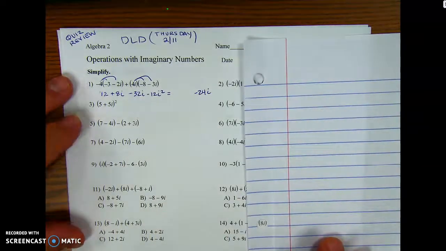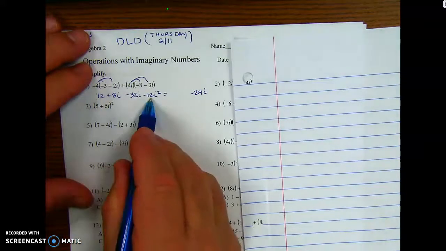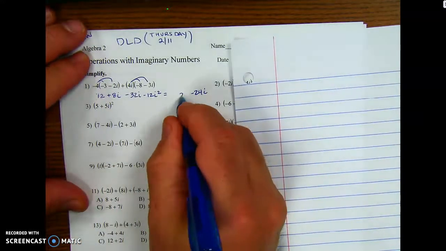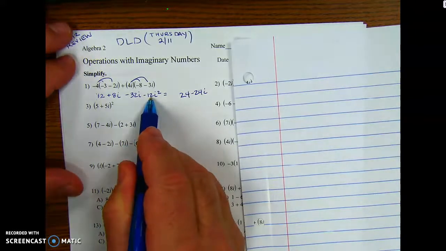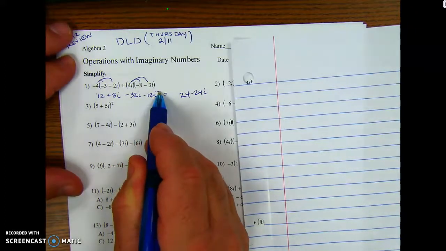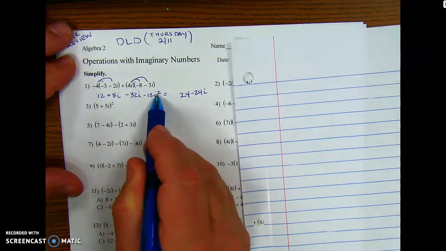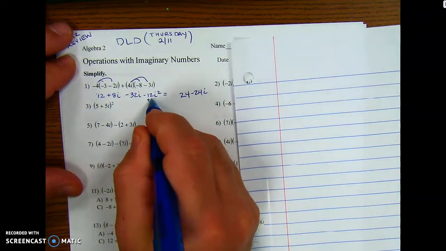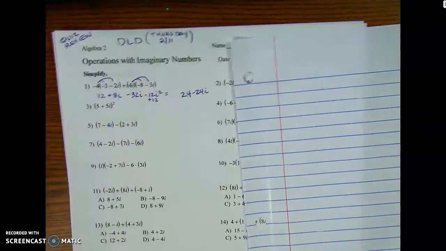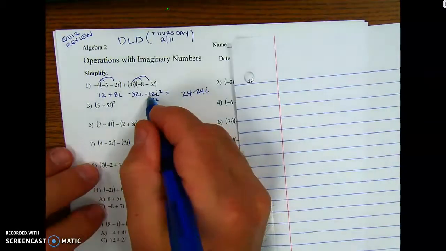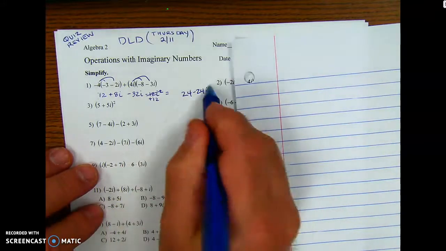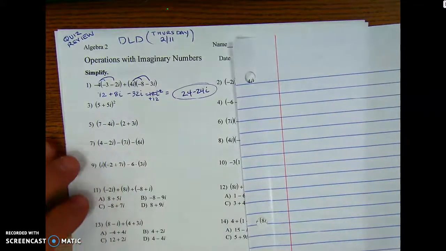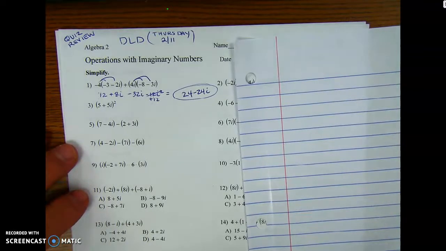And then here I've got 12 plus 12, which is 24. Why is this plus 12? Because i squared is negative 1. Negative 12 times negative 1 is positive 12. So change that to positive 12 and then do 12 plus 12 is 24. Okay? All right.